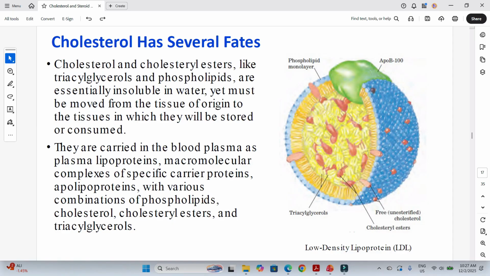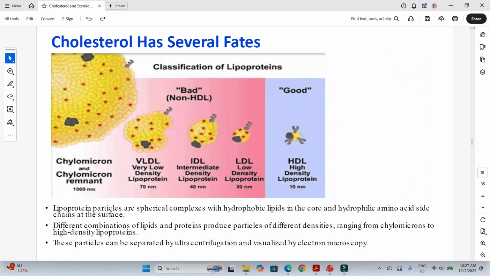Okay, so that's why we call them lipoproteins, because they are assemblies of lipids, triacylglycerols, cholesterol, cholesterol esters, and phospholipids, and of course, proteins, the apolipoproteins. So we call them lipoproteins. All right.